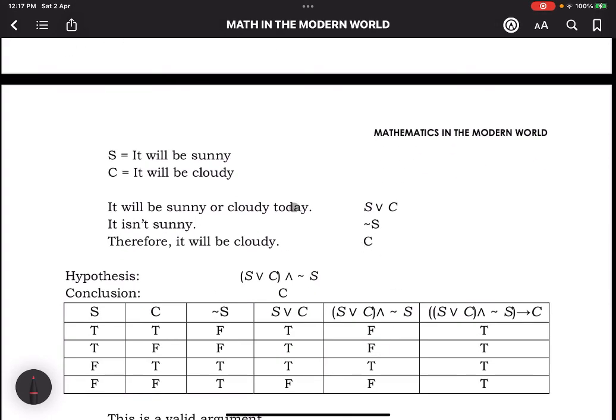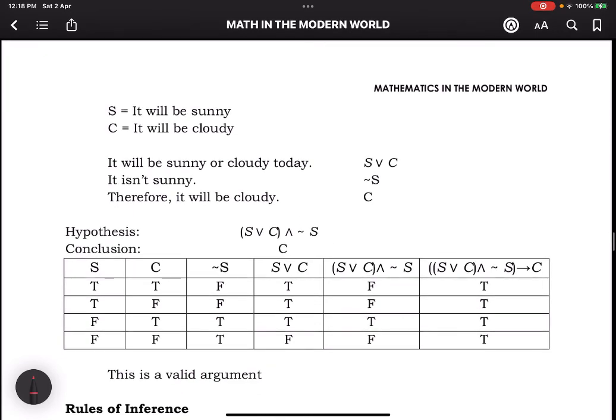So una nating premise, no, it will be sunny or cloudy today. So since it isn't sunny, therefore, ang ating conclusion, it will be cloudy. So tingnan natin kung ang ating argument ay true, no? So ito yung ating first premise, second premise, itong ating negation, yung ating inference. Ito yung ating combination ng symbolic form.